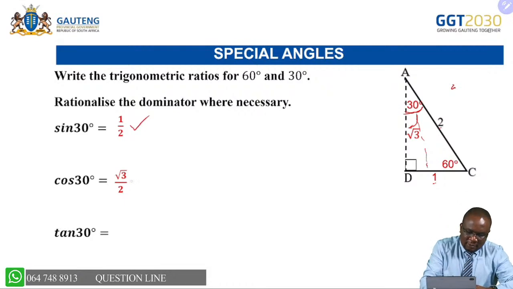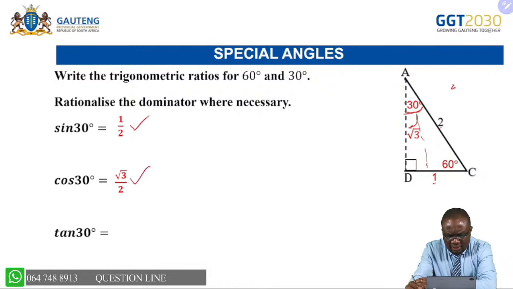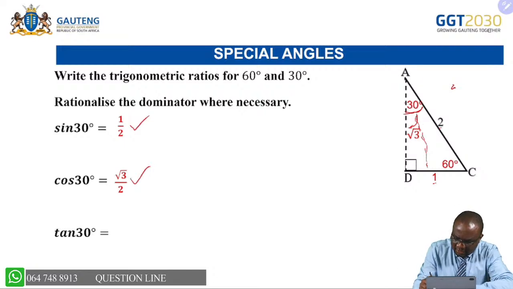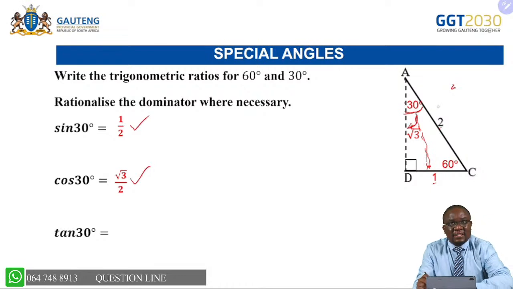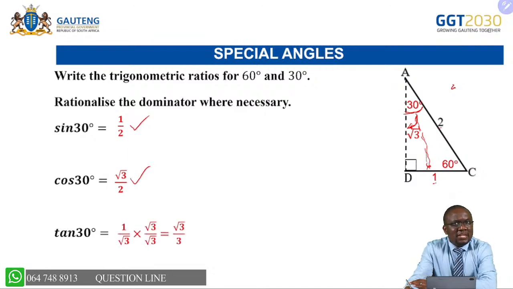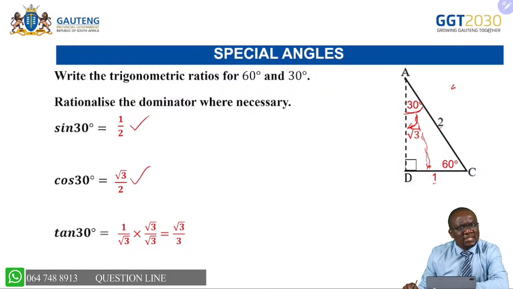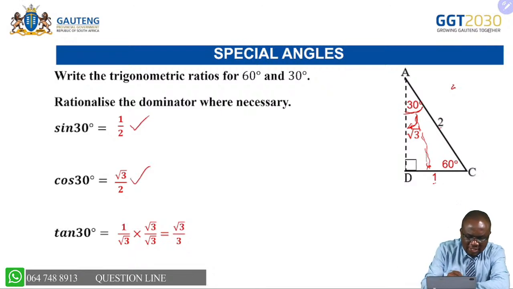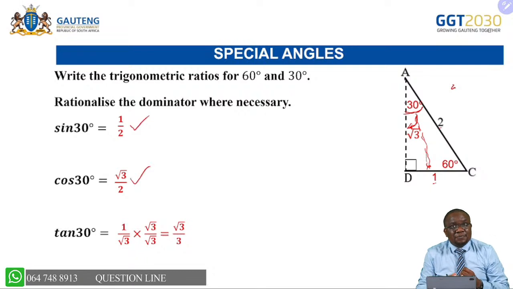And then tan 30 degrees: opposite side is 1, adjacent side is square root of 3, so it's 1 over square root of 3. We rationalize the denominator and get square root of 3 over 3.